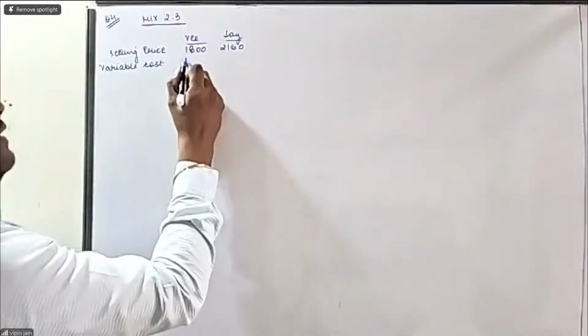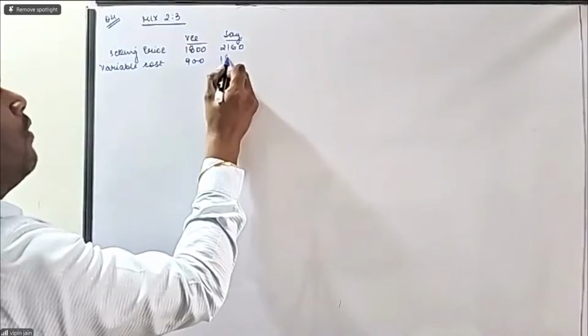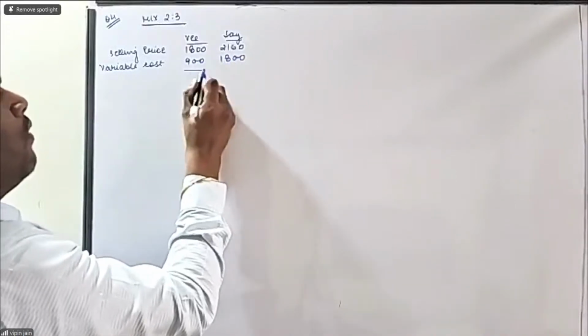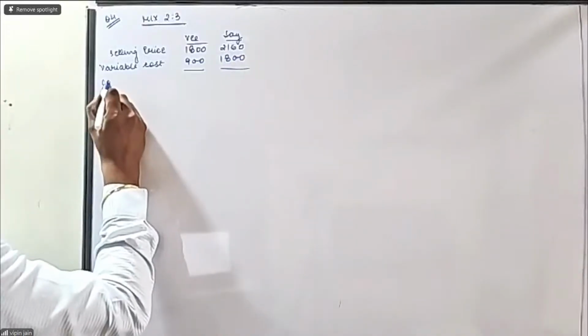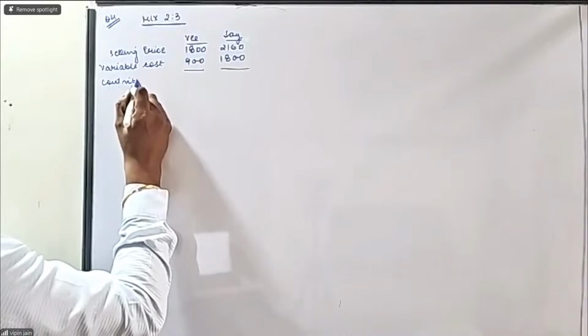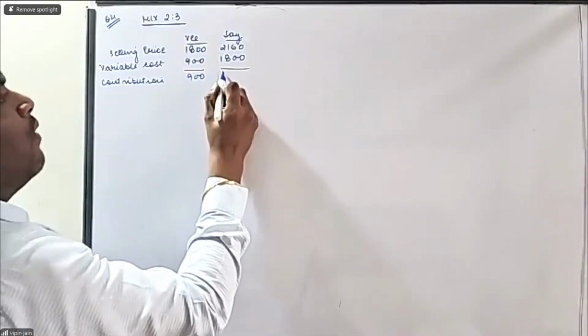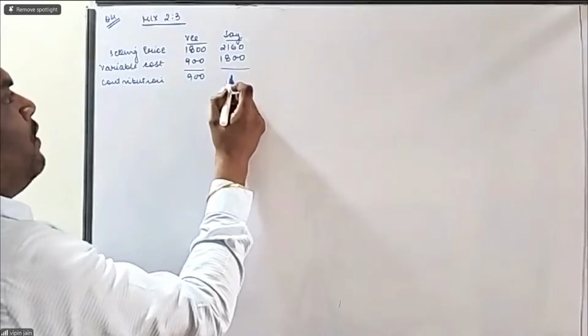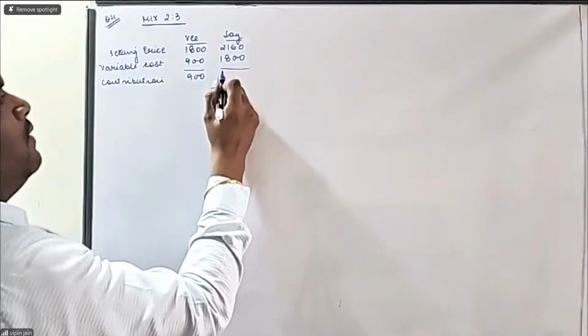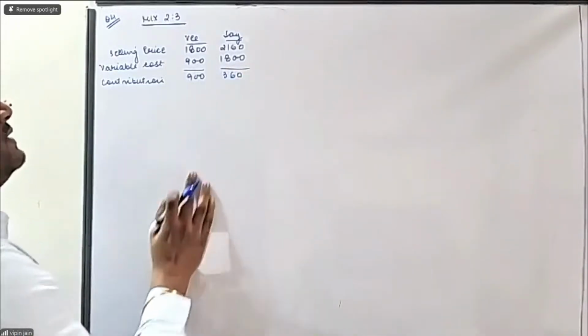The variable cost per unit we have is 900 and 1800. So my contribution per unit will be 360.